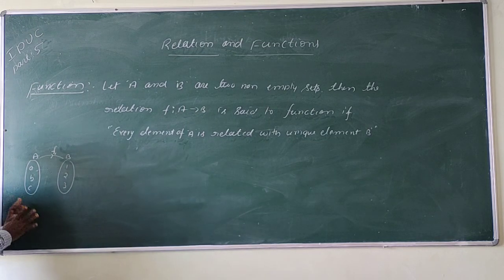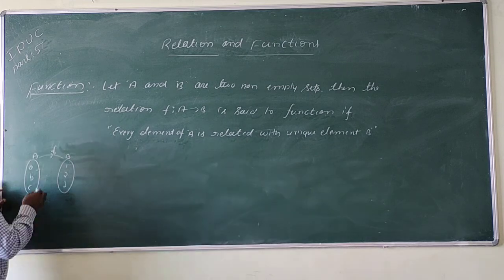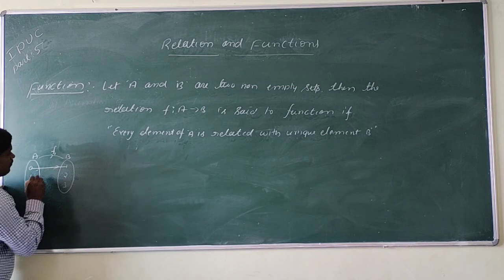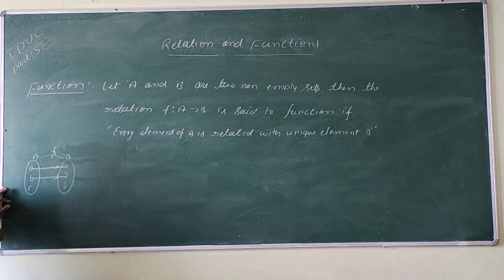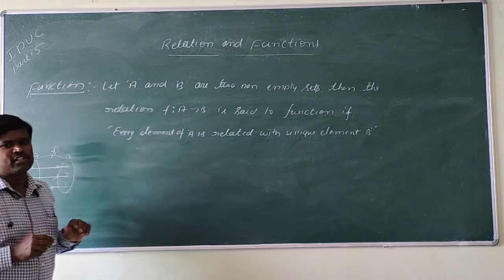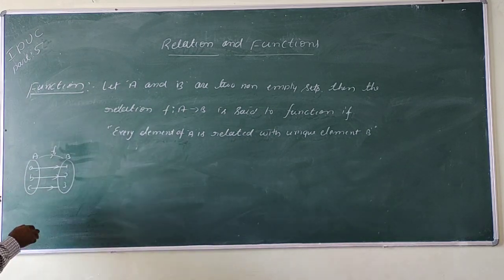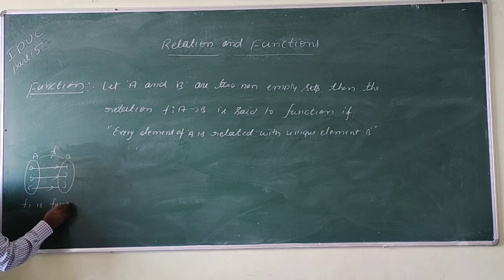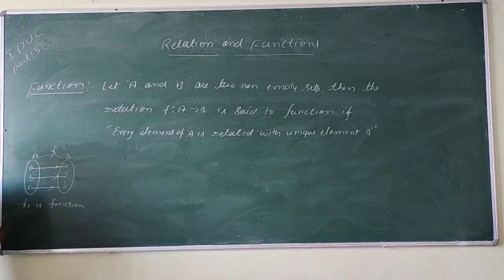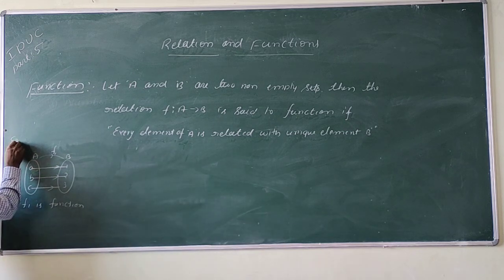Whether this relation is a function or not. Suppose a is related with 1, b is related with 2, and c is related with 3. Observe here, does it satisfy the definition of a function or not? F1 is a function. Why is it taken as a function? This is example 1.